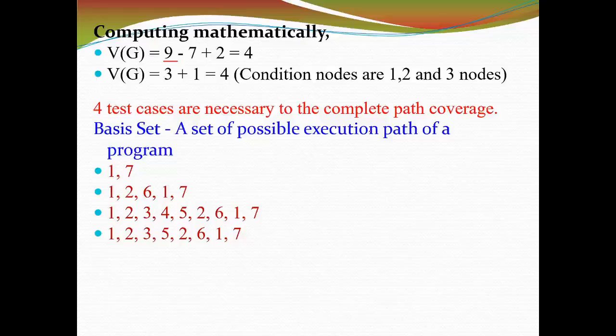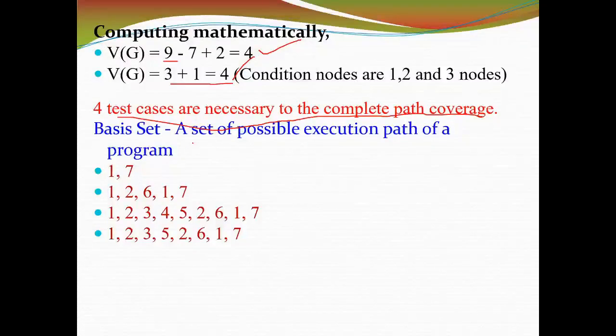So total 9 edges minus 7 nodes plus 2, you will get 4. And when you substitute in the other formula, here also you will get 4. So both are matching here. So 4 test cases are necessary to cover all the paths.